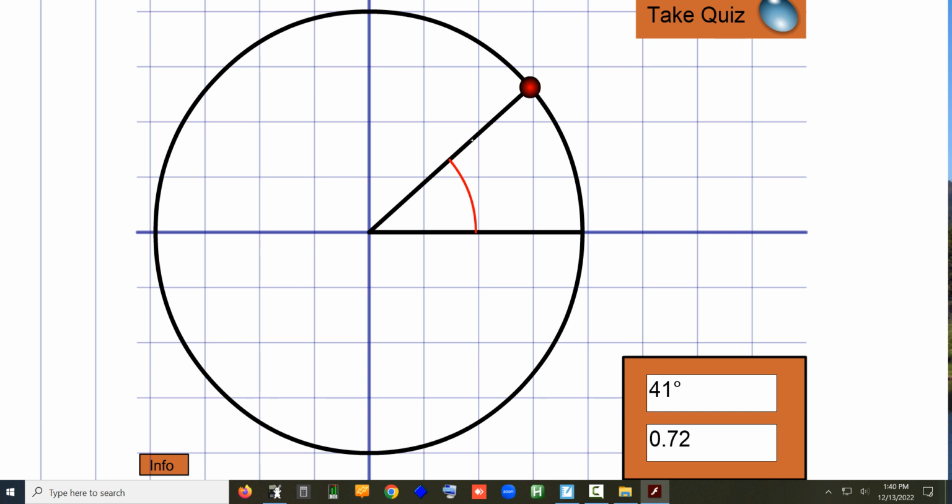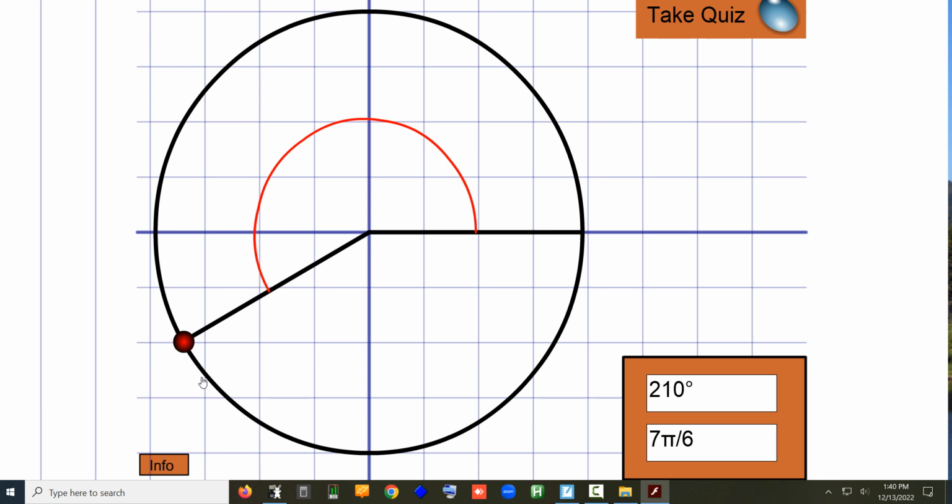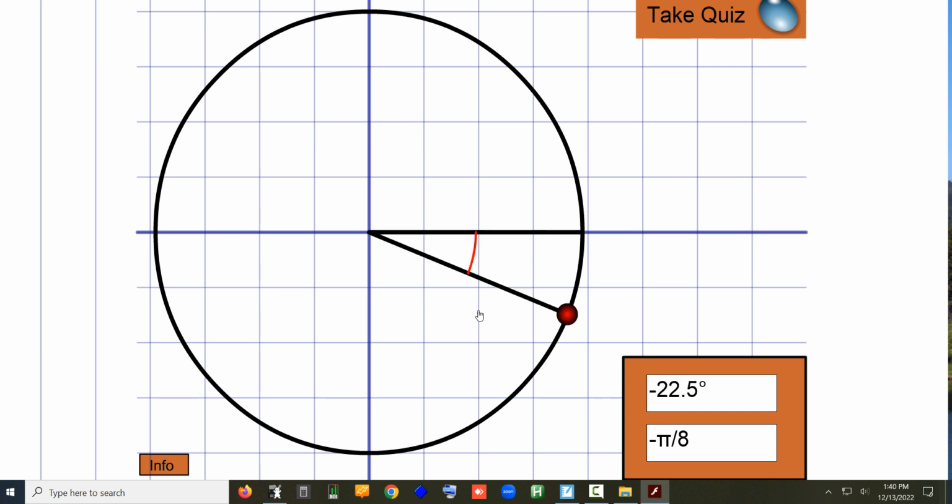That always stays right. If I start at 0 and I go in a counterclockwise direction, the angle that I get is a positive number. What do you think would happen if I started to go clockwise instead? Yep, if I start at 0 and I go clockwise, I get a negative number for my angle.